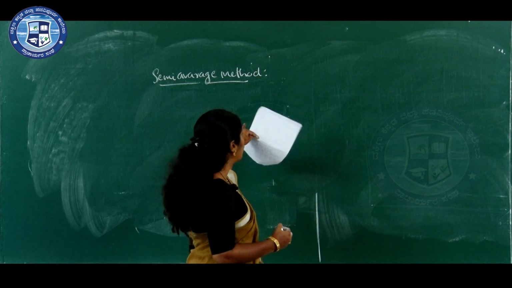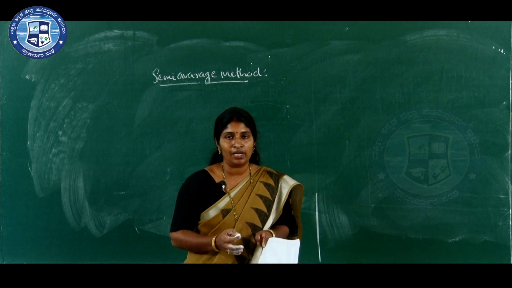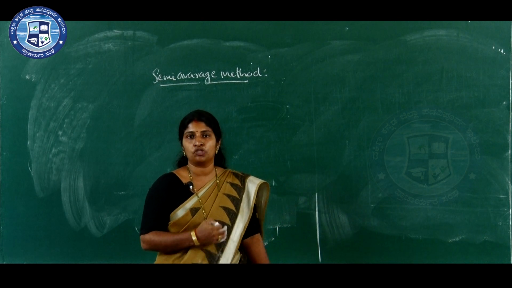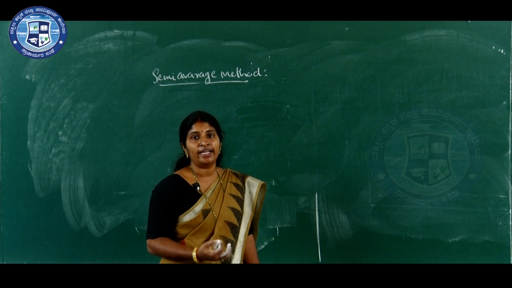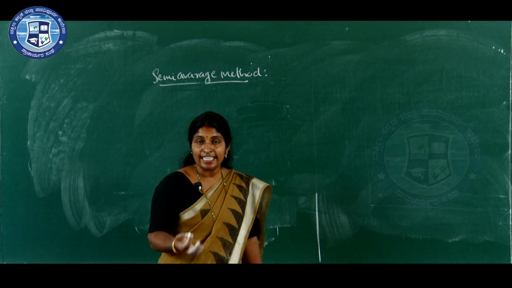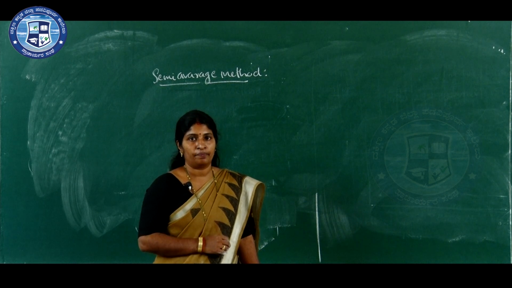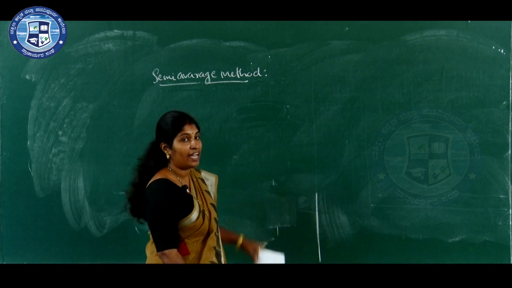That is known as the semi-average method. This method is easy compared to moving averages and the least square method, and it is flexible also. We are not using any mathematical formula in this method.